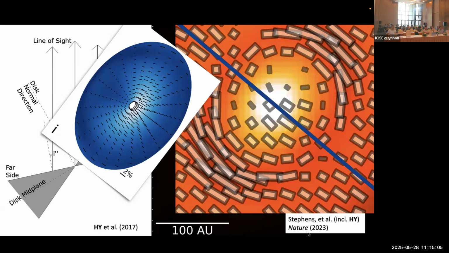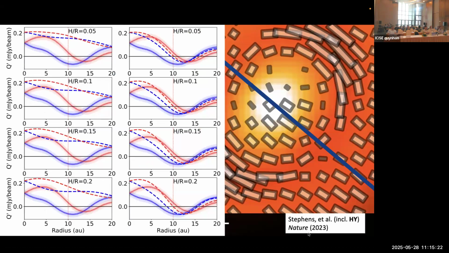And in order to produce this significant asymmetry, you need a significant difference between the local inclination angle of the near side and the far side. And that will require the dust to be puffed up in the inner disk. We did a series of modeling and show that if you use a very thin inner disk, like H/R of 0.05, you don't really produce this kind of near-far side asymmetry.